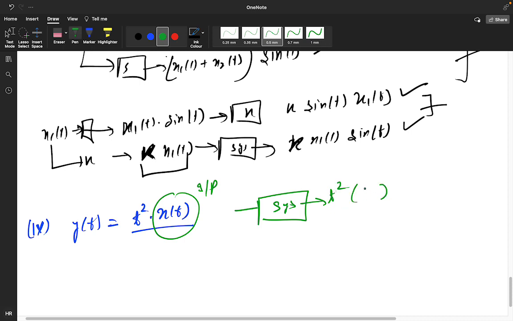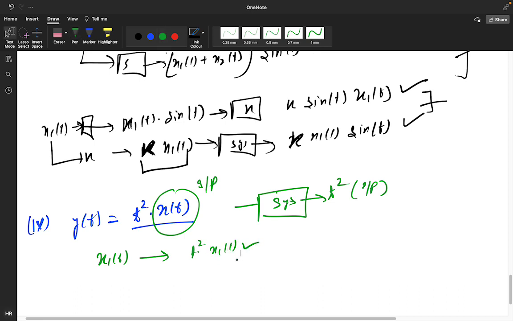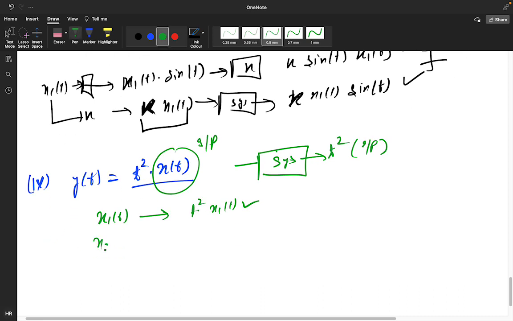This is the meaning of my system. So if I put x1 of t, what output will I get? T square x1 of t, right? If I put x2 of t, this is my system, so t square x2 of t.